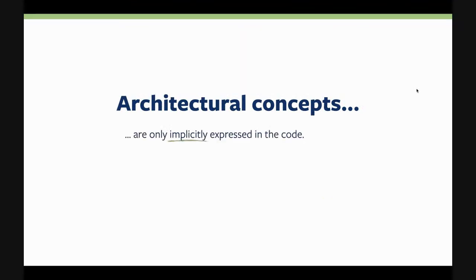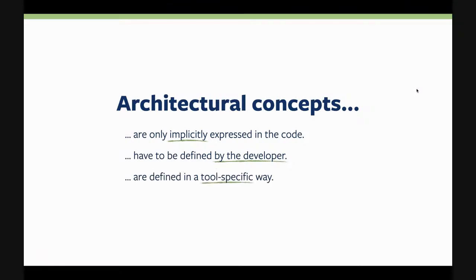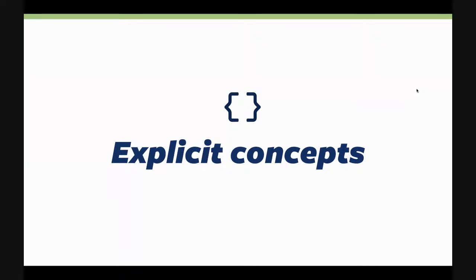To summarize, architecture concepts are only implicitly expressed in the code, and it's the developer's responsibility to do any of this. And it's also tool specific. If you decide for jQAssistant, then you define all those rules and concepts in the jQAssistant way. If you use ArchUnit, you constantly have to redo the stuff unless you stick to the conventions that you applied in one project and take them to another.